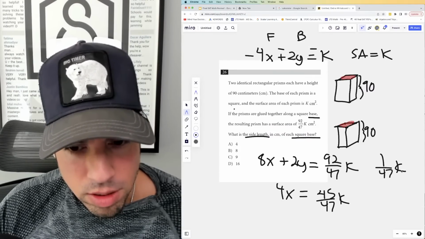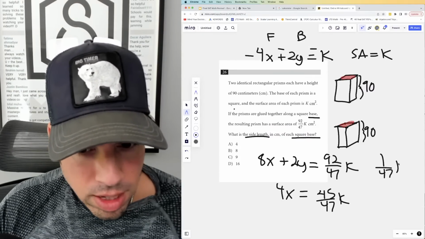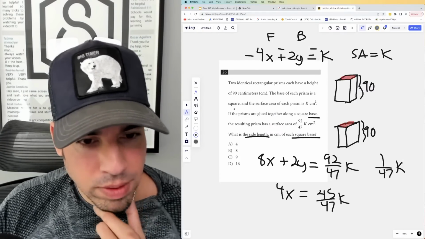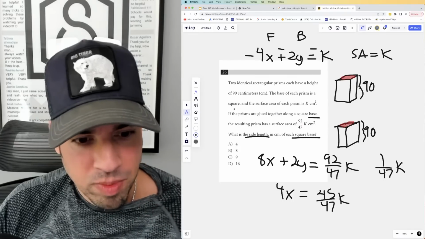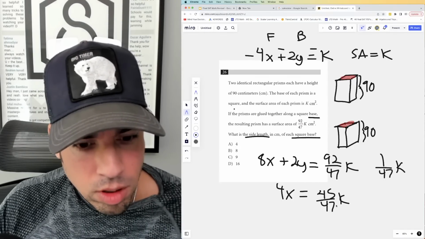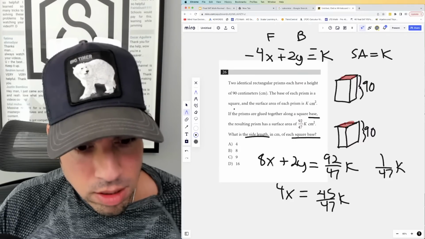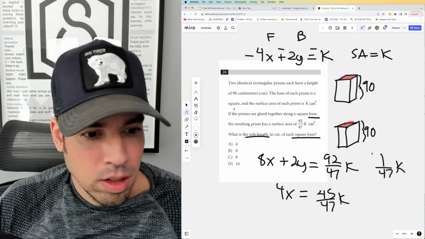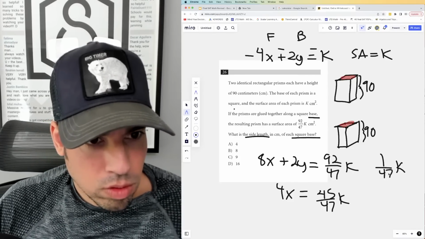You see? 2 times that would be 2 over 47 k, and add that and it would be k. And here, that's 45, so that's double, 90 over 47 plus 2. Yeah, it works.